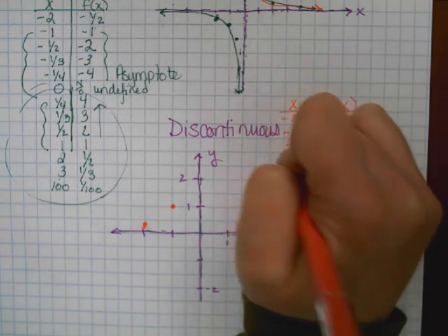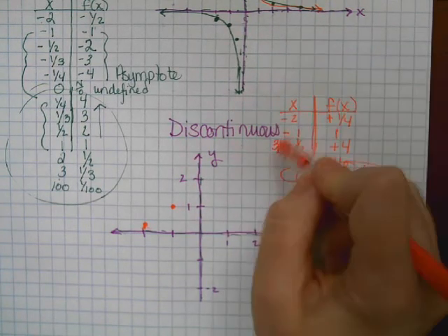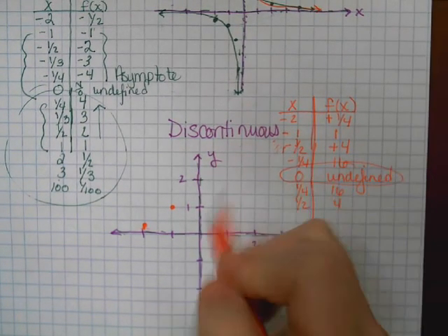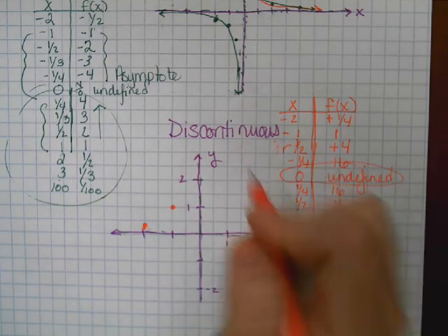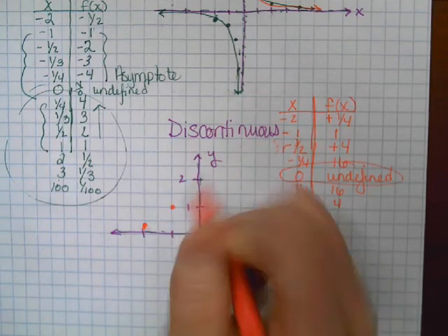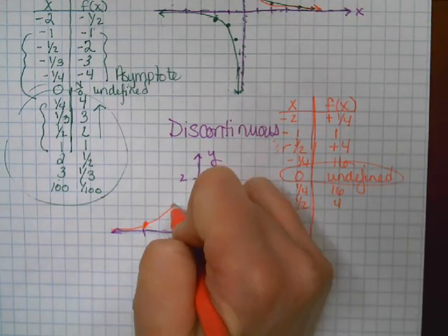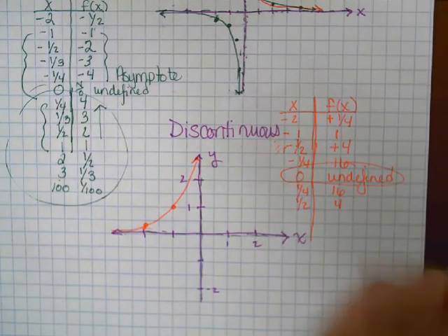So let's pop another value in here. Let's say it is 3/4. Nah, I don't want to square 3/4. 16 over 9 is kind of an ugly number to graph. Anyway, so it's way, way off the charts.